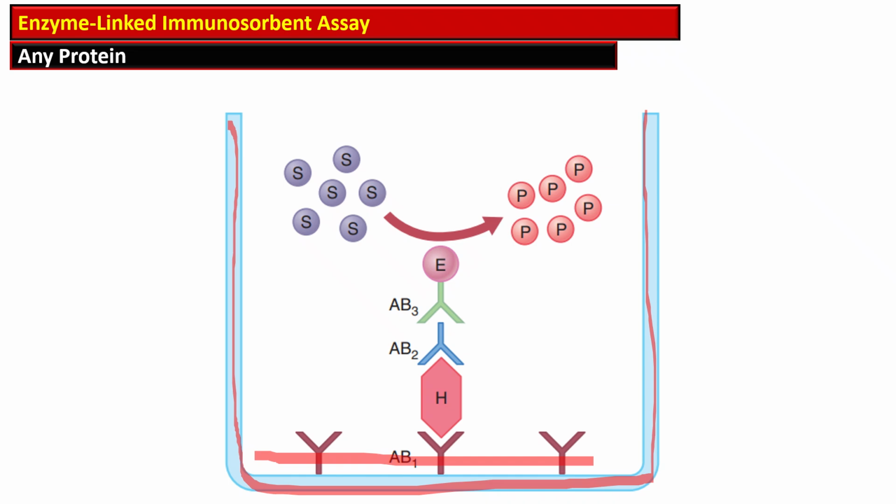Then the hormone that is to be tested is added, and this red hexagonal structure labeled as H represents the target hormone. It binds to the antibody 1 that has layered this well, and then antibody 2, the detection antibody, has another specific site or epitope on the hormone.